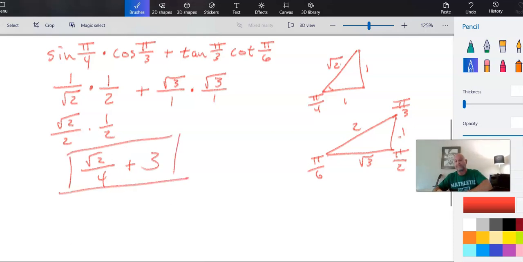Things to watch out for. Make sure you don't extend this square root down to the 4. That square root is entirely contained in the numerator of this fraction. That's a real common thing to do. It's easy just with bad handwriting. Okay, let's try that again.